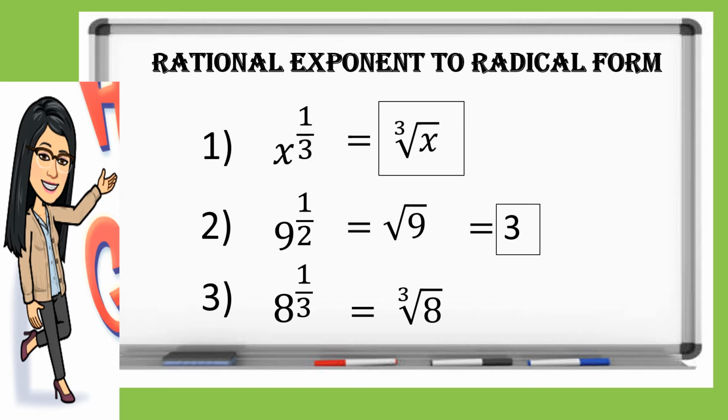To simplify this further, let us express 8 in exponential form, which is 2 cubed. Take note, if the exponent is divisible by the index, divide or simplify it to eliminate the radical sign. So 3 divided by 3 is 1. Therefore, the final answer is 2.